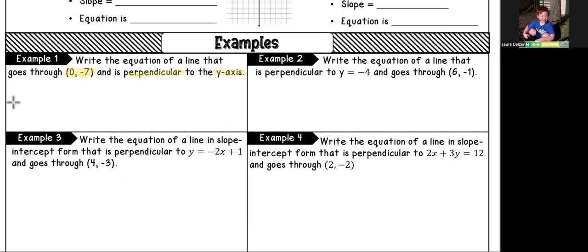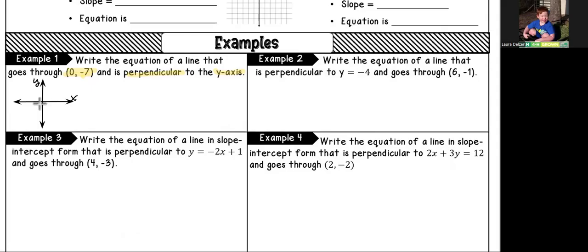Pictures are really good, okay? So here is my X and Y that I've drawn out. I can label this my Y and this my X.